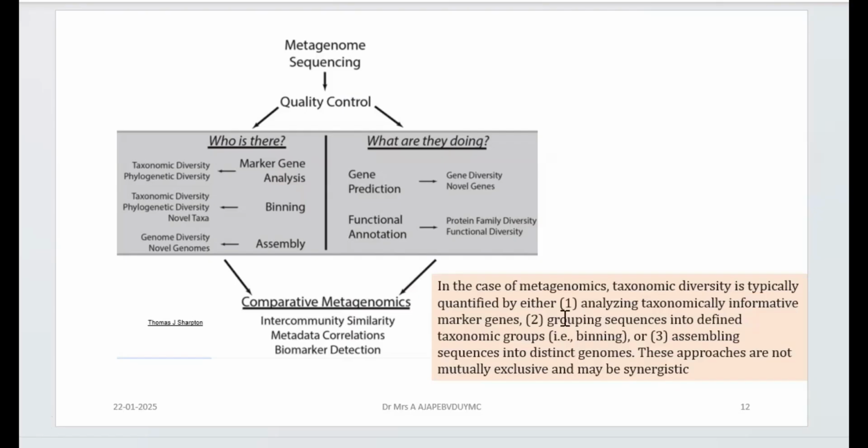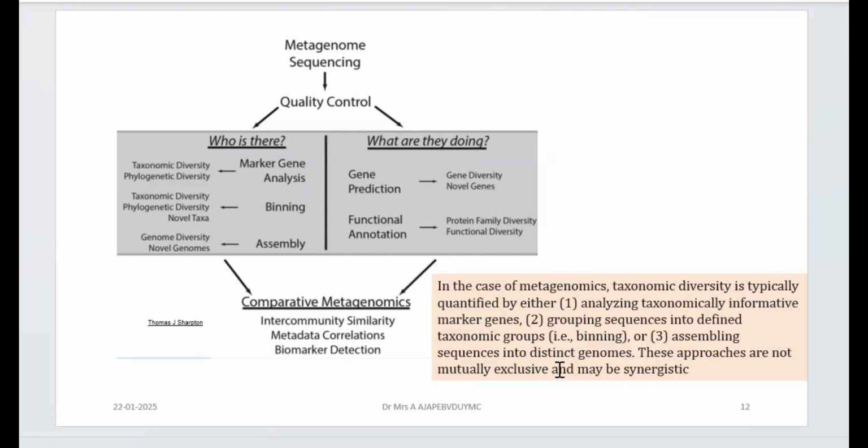Point number two. So, analyzing taxonomically informative markers. Second is grouping sequences into defined taxonomic groups, that is referred to as binning. So, you are creating the groups, you are putting them in specific groups, right? And then you are assembling the sequences into distinct genomes. That is the flow chart, you can say.